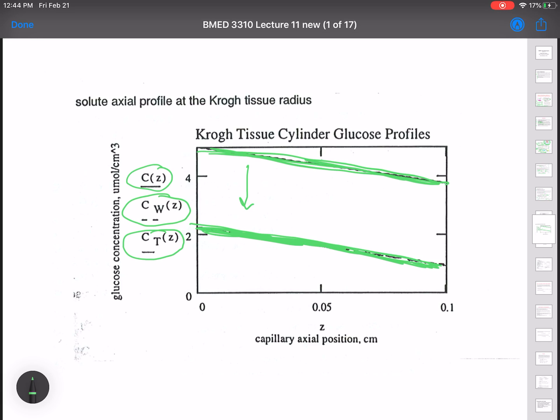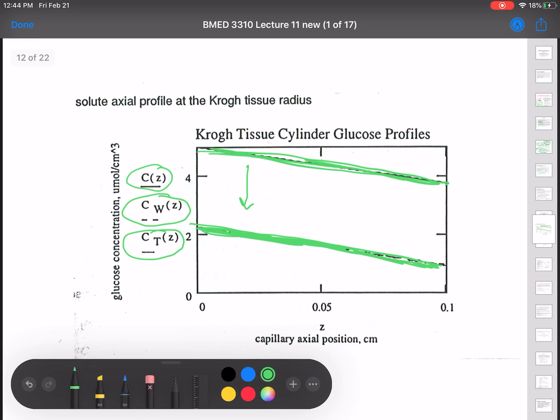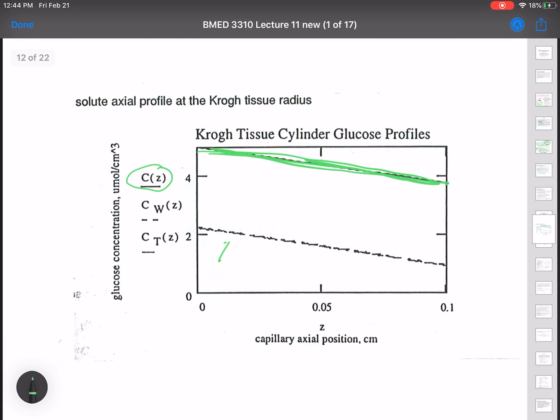But because it's diffusing into the tissue, there's less of it there than in the blood. In this case, the concentration at R sub T is almost exactly the same as the concentration right up against the wall, and I guess that's because maybe glucose has such a high diffusivity. Perhaps. I'm not sure.